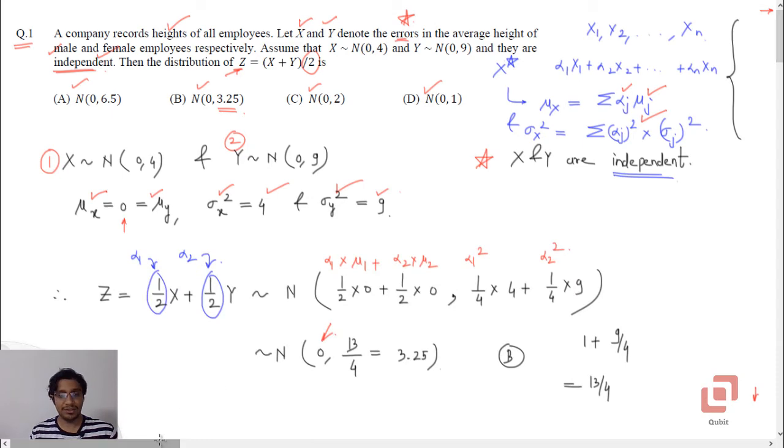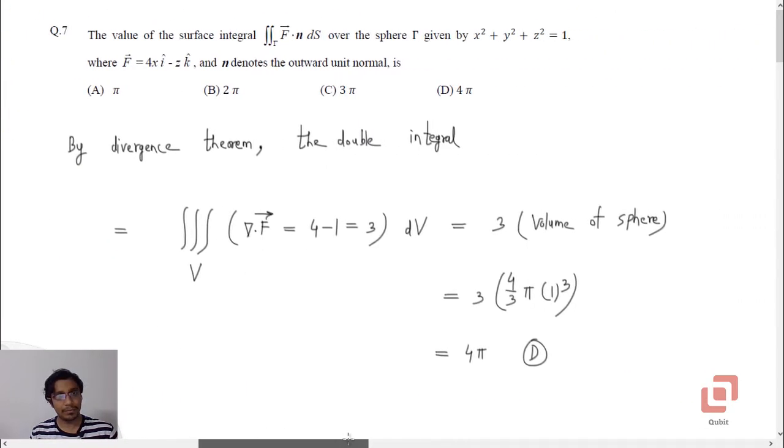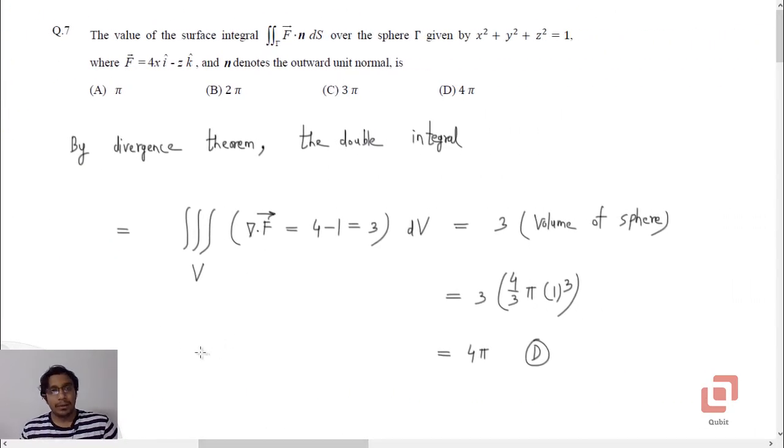Next is question 7. Based on vector integral calculus, the value of the surface integral f bar dot n cap ds over the sphere gamma, which is a unit sphere centered at origin, where f bar is 4x i cap minus z k cap, and n denotes the outward unit normal.